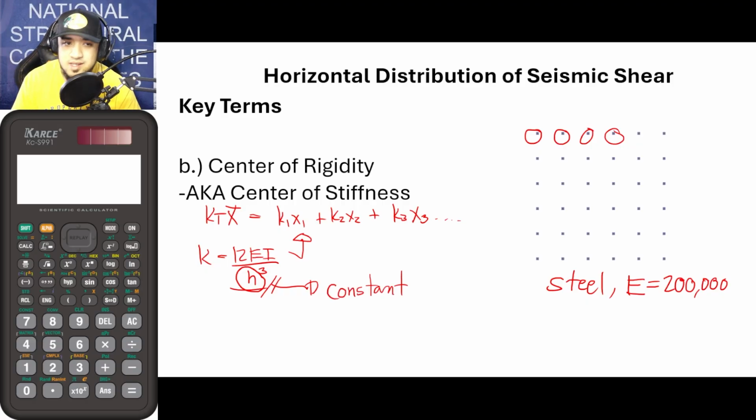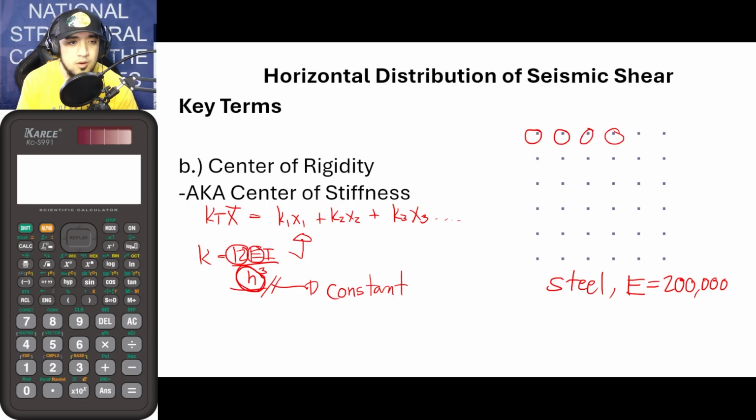But again, this is not always the case. There are some cases wherein one column is longer than the other, for example, for high ceilings. So the height might vary. But in a situation where the value of H is constant, the values of E, 12, and H would be constant.